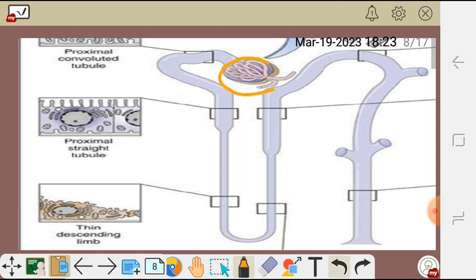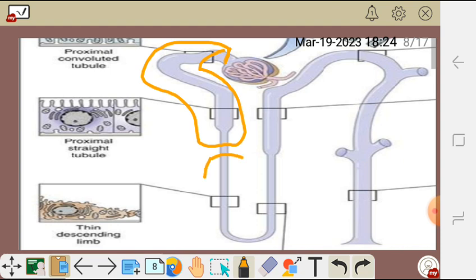From the glomerulus, we have the proximal convoluted tubule here. In the proximal convoluted tubule, there is absorption of water and also ions, so the concentration here is kept constant. It is similar to what is in the glomerulus.